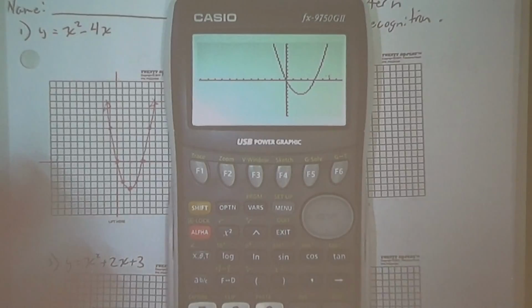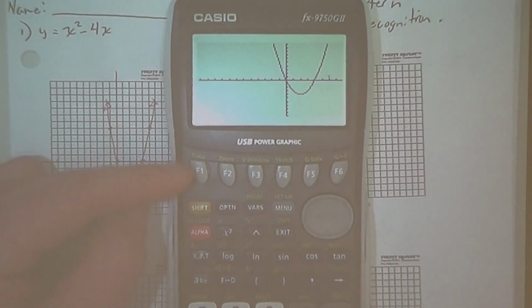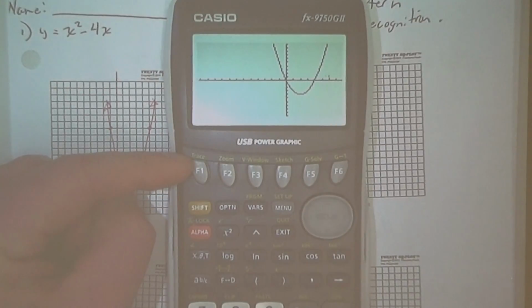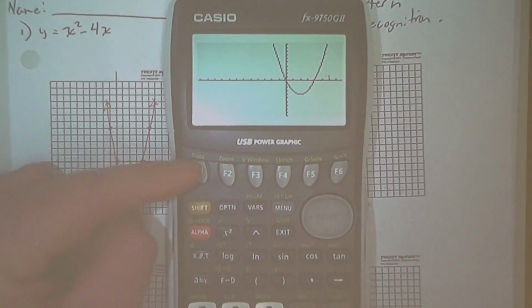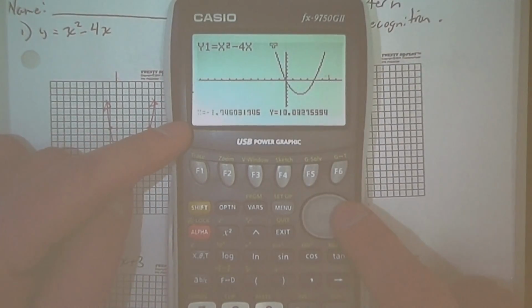What you see here is that little button that's called trace. If I hit that trace button, it can move that cursor down to any point.